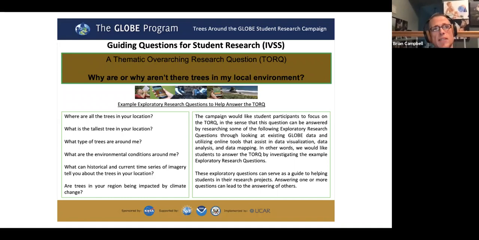And this all lends itself into what the next step is for the students in developing research projects. How can you answer this larger question by exploring these smaller questions in the research that they're doing out in the field, or looking at online tools, or just looking at the GLOBE data and doing some analysis of it?